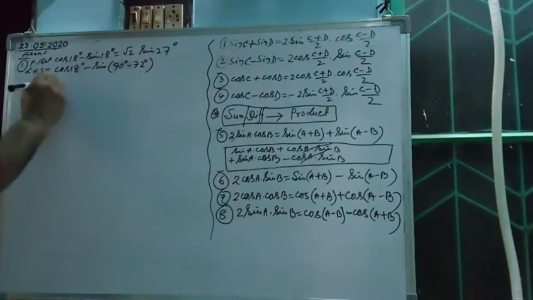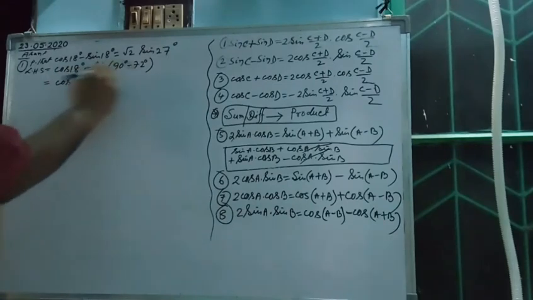So this is equal to cos 18 degree minus sin (90 minus theta), which is equal to cos theta, so cos 72 degree.